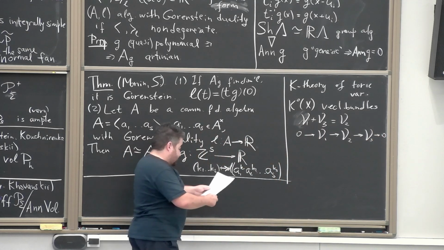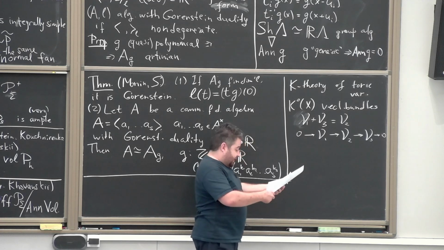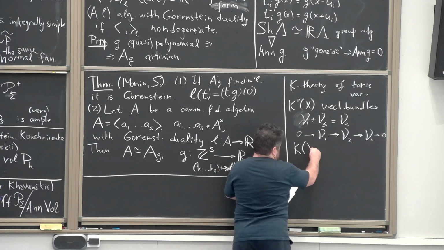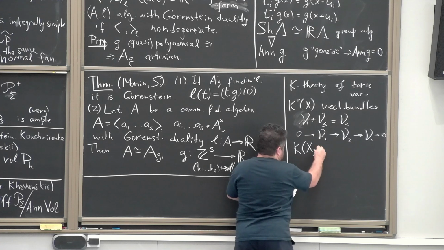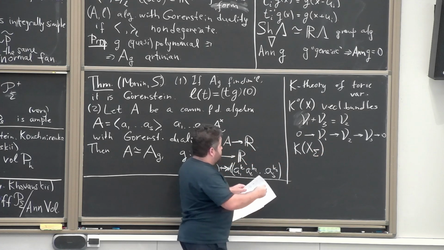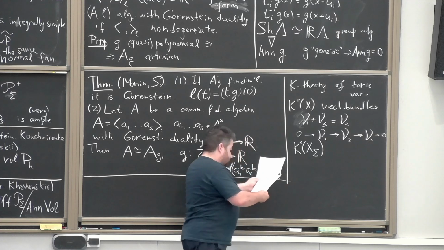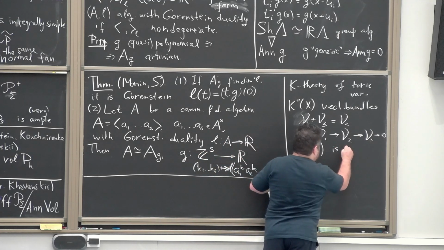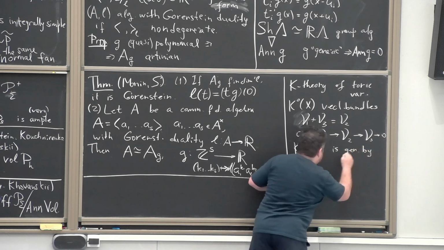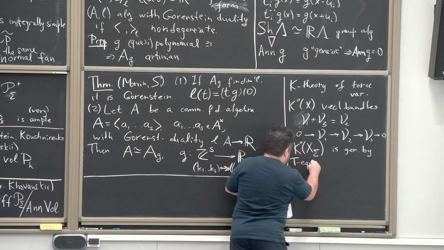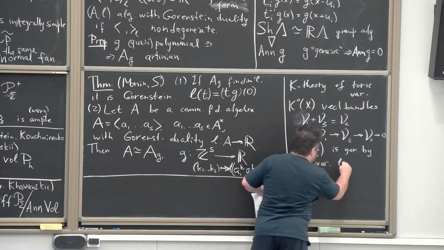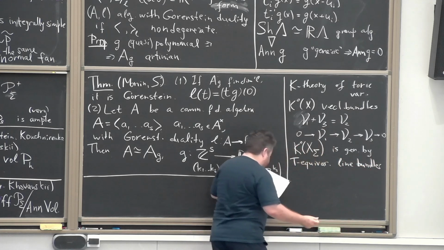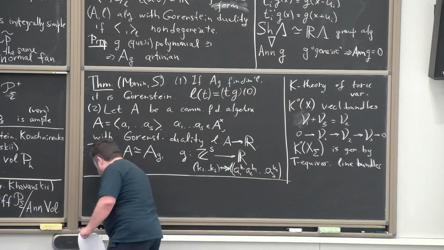And then you can say that K naught of the toric variety X sigma is generated by T-equivariant line bundles. So this is something parallel to divisors, right?